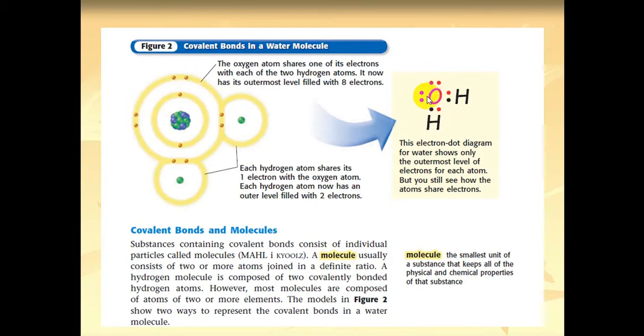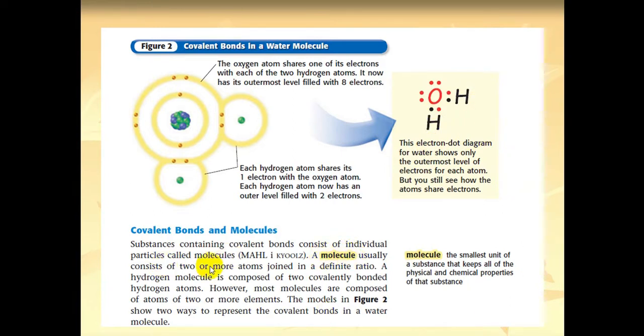So the red dots represent the valence electrons of oxygen. Each hydrogen puts its electron in the outer shell of the oxygen. So in this case, how many valence electrons will oxygen have? It will have 8 valence electrons, and each hydrogen will have 2. So this is a molecule of water.